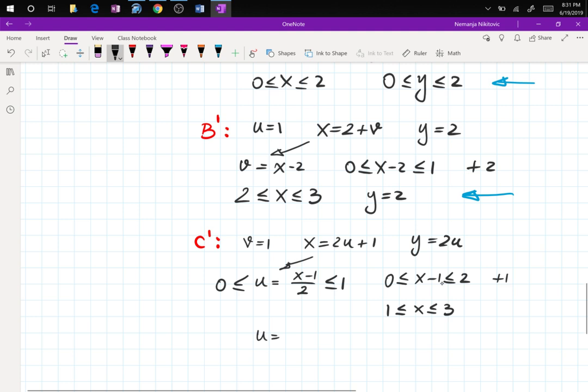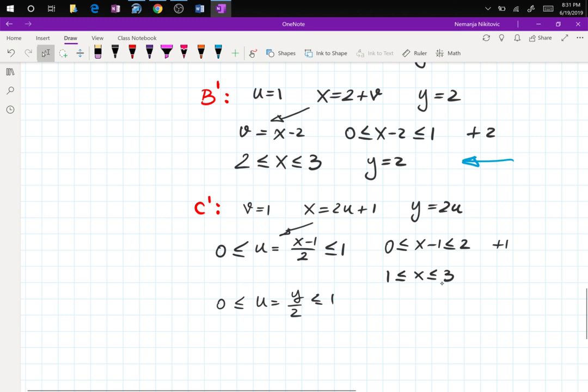U is equal to y over 2, and u is between 0 and 1. So now you multiply by 2 to give you 0 less than y less than 2. So these are the two that you have to graph.